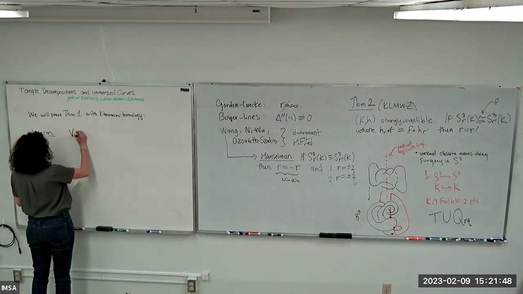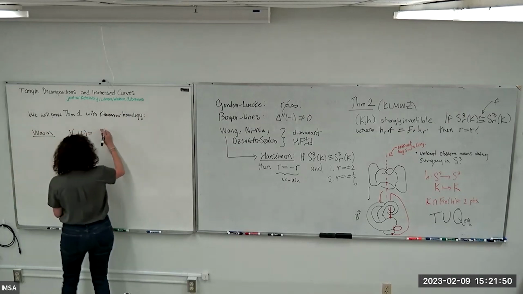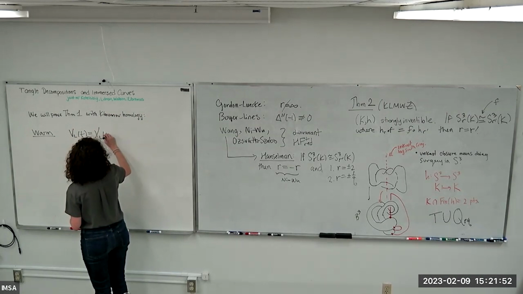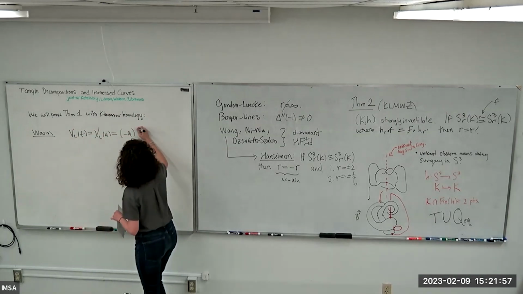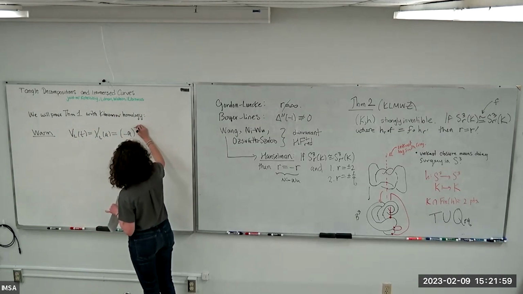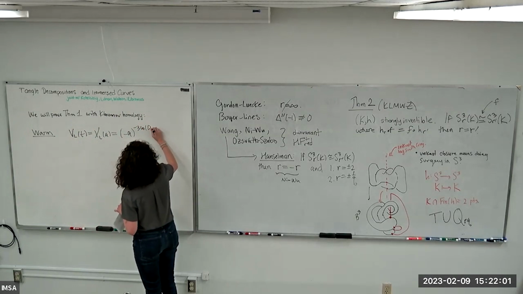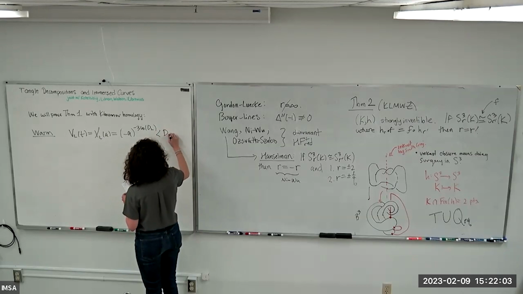Here's our Jones polynomial: the normalized Kauffman bracket. So use variable A and write some polynomial in A with a correction term coming from the writhe. And then here's the Kauffman bracket.